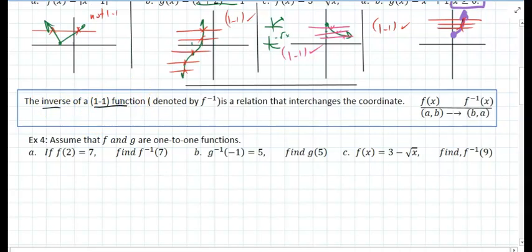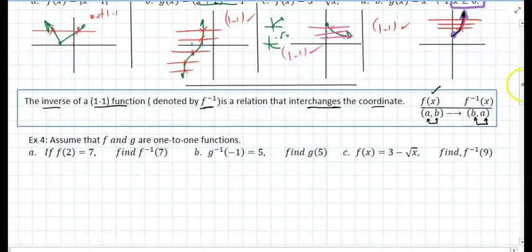So if I'm talking about an inverse, it has to be 1-to-1. We denote that by the negative 1 power. It is a relation that interchanges the coordinates. So if in y equal f of x I have a point a, b, in the inverse I swap them. X becomes y and y becomes x.